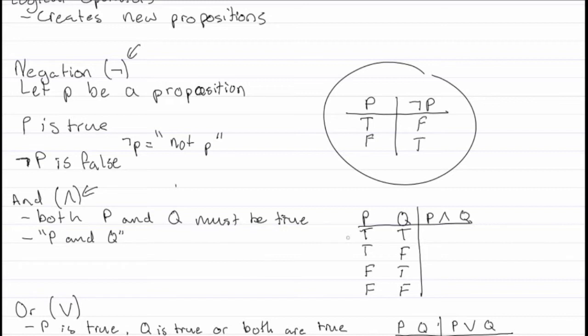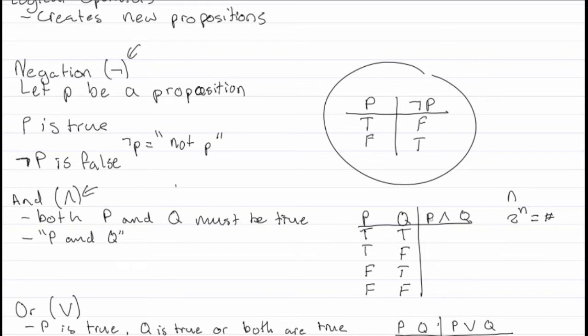How did I know that there was going to be 4 combinations? Well, to calculate that, all you have to do is take the number of variables you have, that is your n, and then 2 to the n is equal to your number of combinations. So in this case, 2 to the 2 is equal to 4.